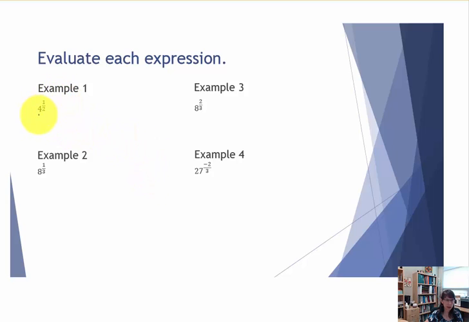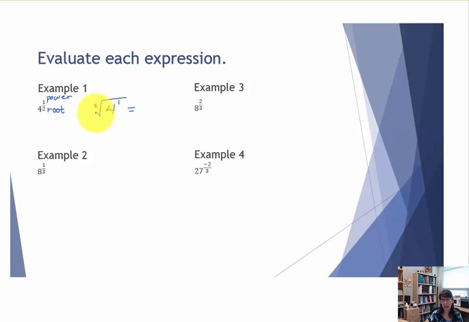In example 1, we're given 4 to the half. That simply means that 4 is raised to the power of 1, and then we're going to take the root of 2. So 4 raised to the power of 1, then we'll take the square root, or power of 2. Now you don't have to write 2.